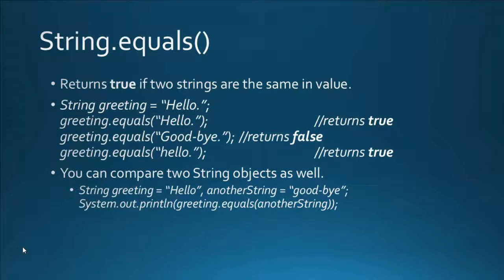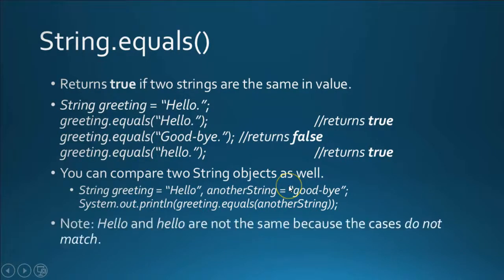We can also compare two string objects. Here I have greeting and another string, so I have Hello and goodbye, and I can just do greeting.equals(anotherString). I believe this might be a typo. I think that might be false because I believe it should be equalsIgnoreCase here. Note that Hello and hello are not the same because the cases do not match.